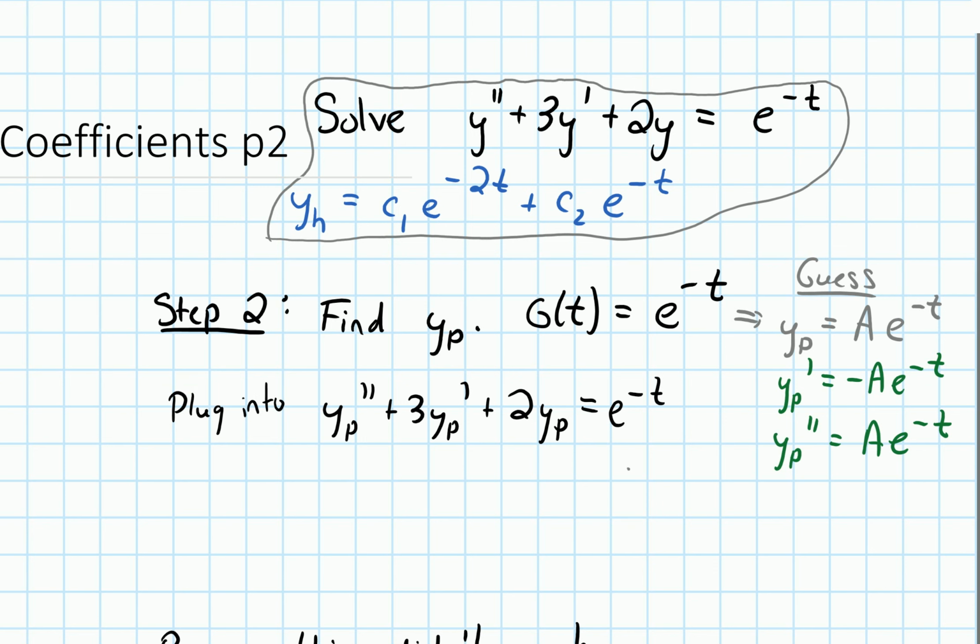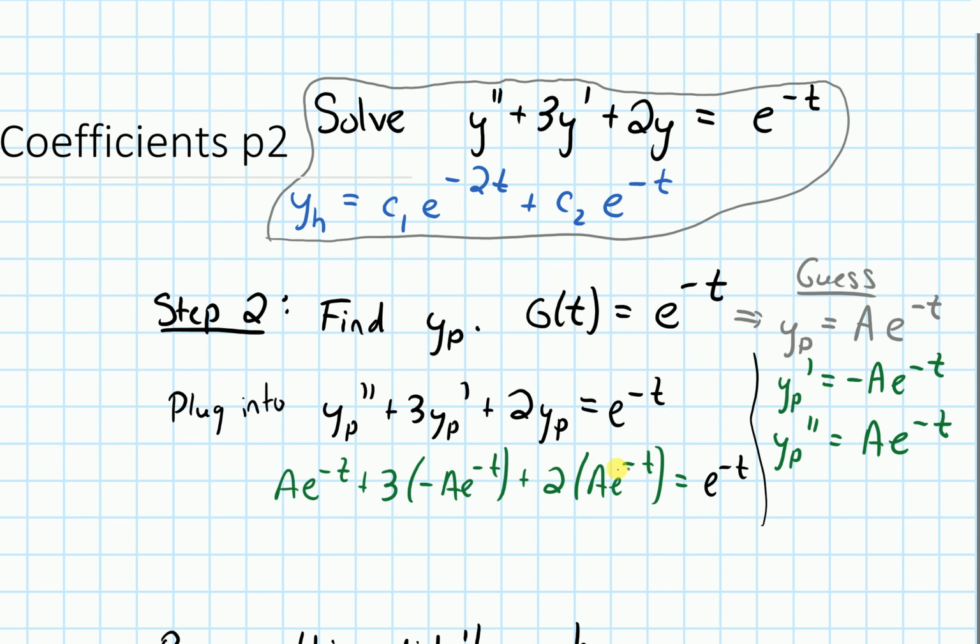Our second derivative was a times e to the negative t, and then we have plus 3 times the first derivative, which was negative a e to the negative t. And then we have plus 2 times the original guess, a e to the negative t. So that's what we have on the left. And on the right-hand side, this equals e to the negative t.